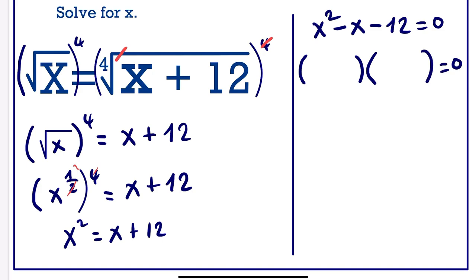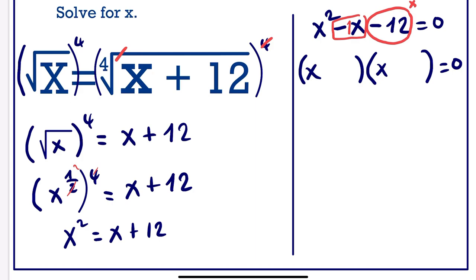So x squared can be factorized as x and x. Next, we have to think of two numbers that when we multiply together will give us minus 12, and when we add the two numbers together, will give us minus 1.